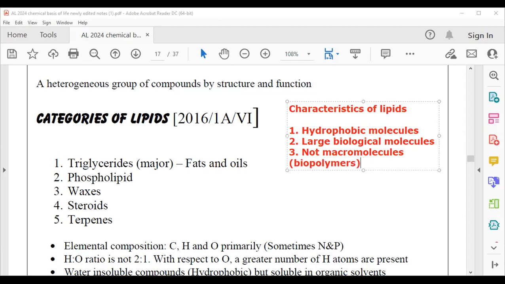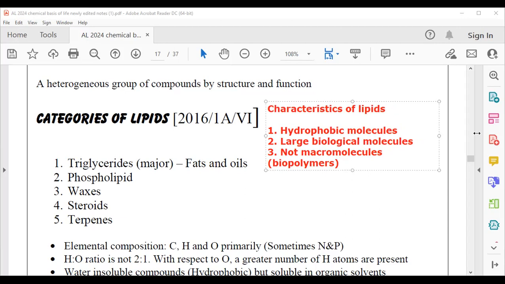They are not polymers. So they are hydrophobic molecules. They are large biological molecules. They are not macromolecules or biopolymers.